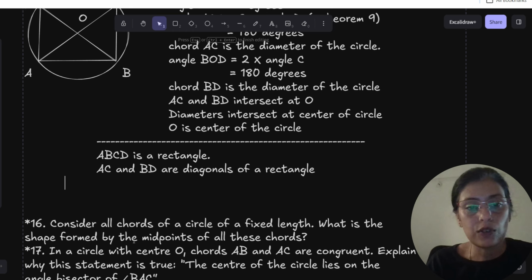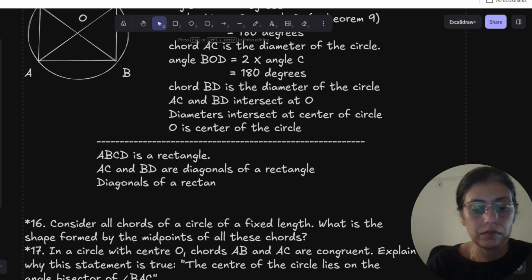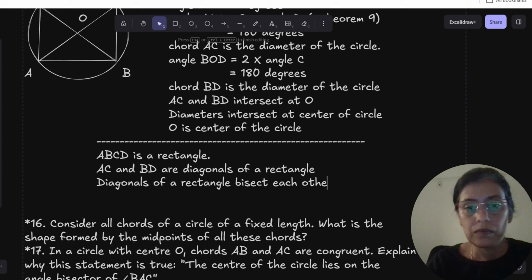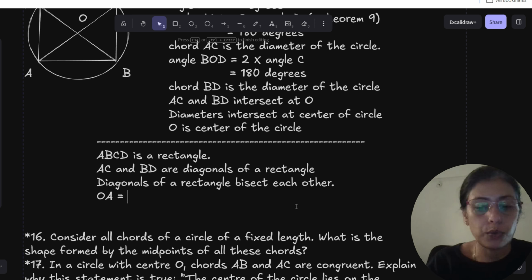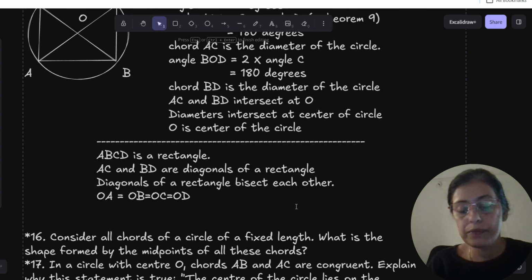So diagonals of a rectangle bisect each other. So this will mean that OA is equal to OB is equal to OC is equal to OD, right?